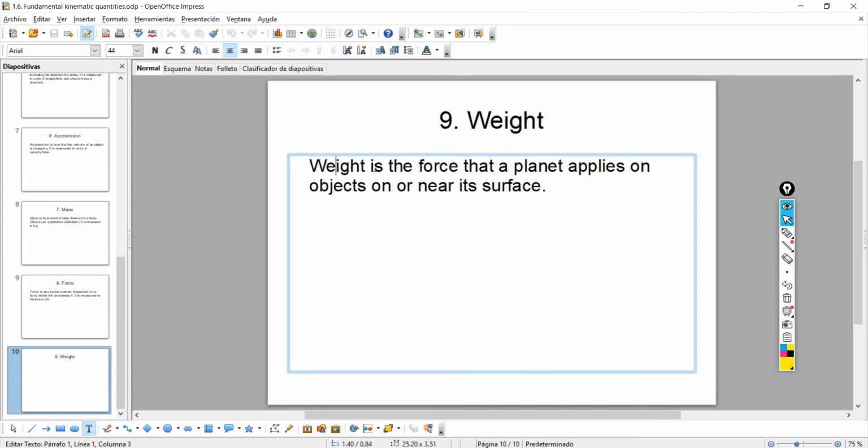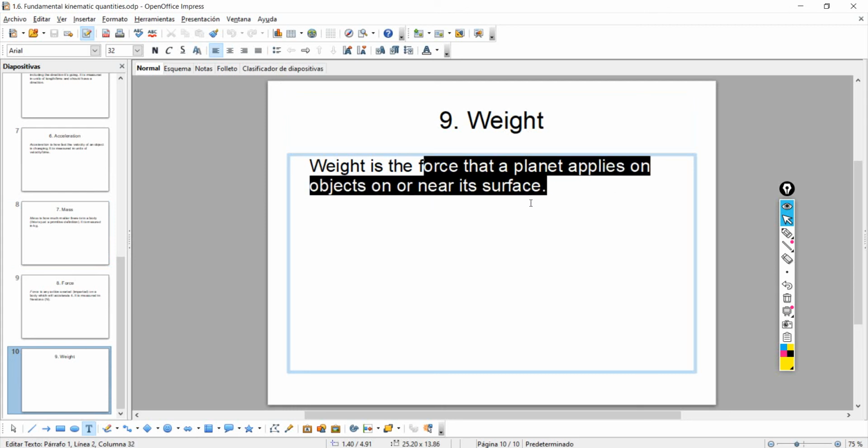Well, weight is the force that a planet applies on objects on or near its surface. For example, for us, planet Earth. You have planet Earth, and planet Earth is going to apply a force called weight upon every single object on its surface.